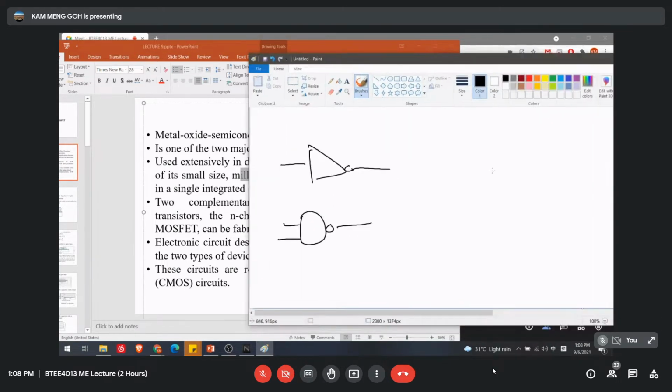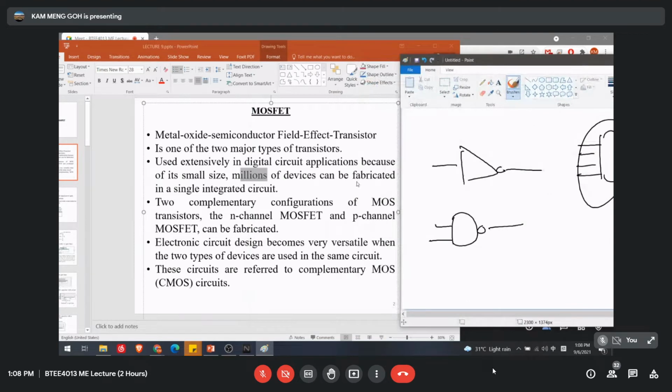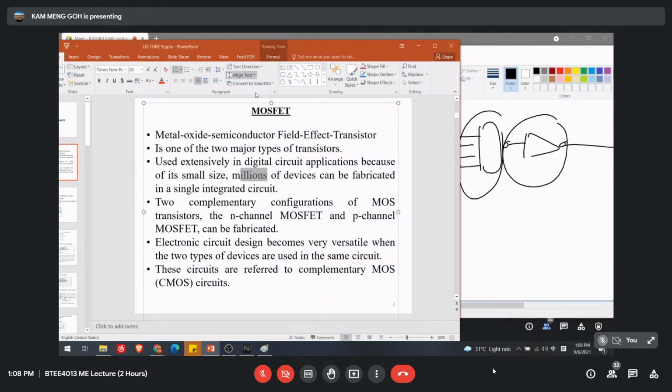But in your assignment, you are going to deal with the integrated circuit. You are integrating the first circuit and the second circuit. In fabrication, they are basically creating a very, very tiny circuit. For example, this is the simplest one, only two components in one single chip.